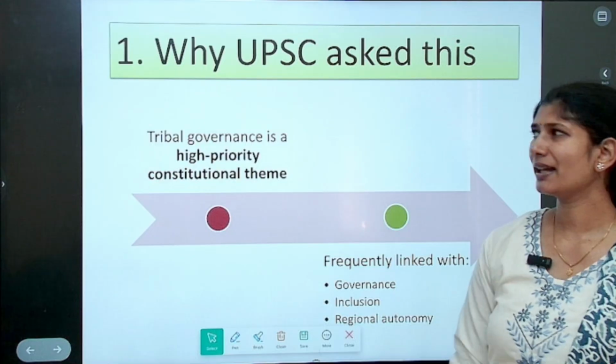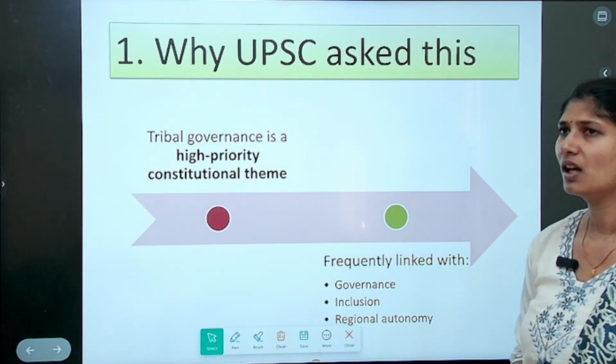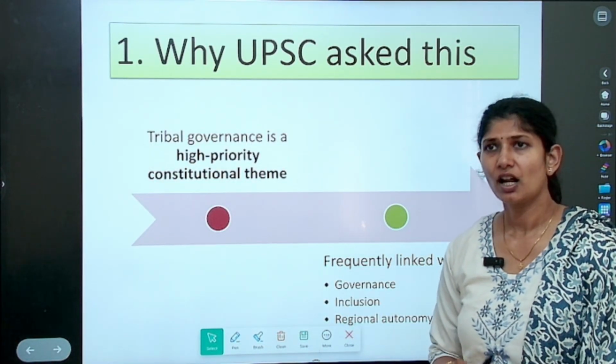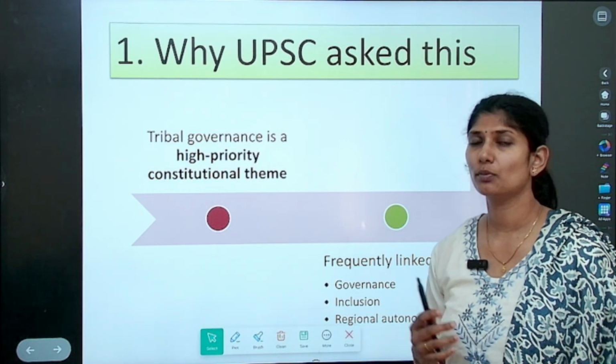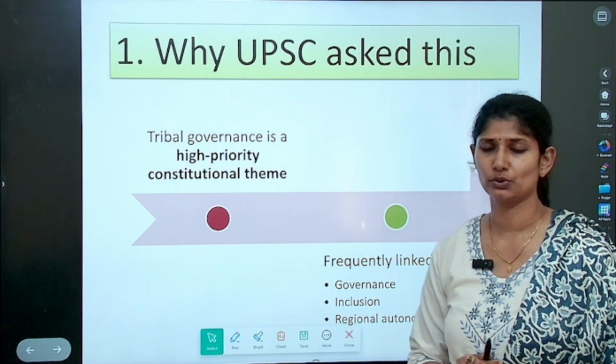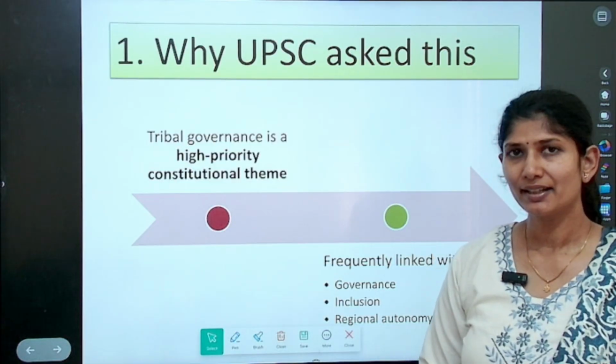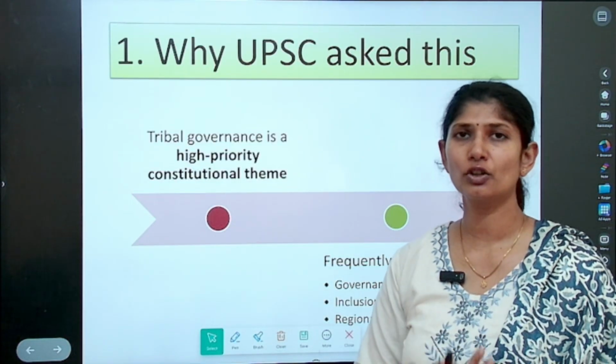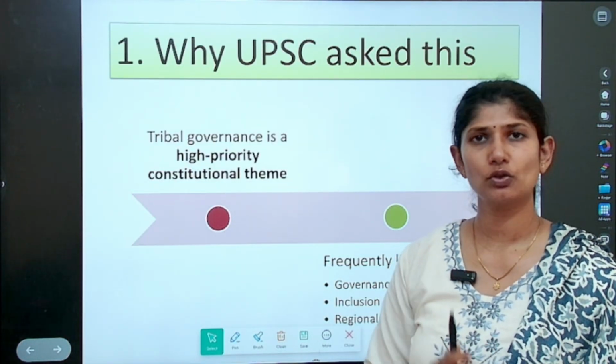Alright. Now why has UPSC asked this question? See, first and foremost, to understand tribal governance is extremely important for the governance of India also. As in, India comprises of a huge chunk of people in which tribals are also one section.